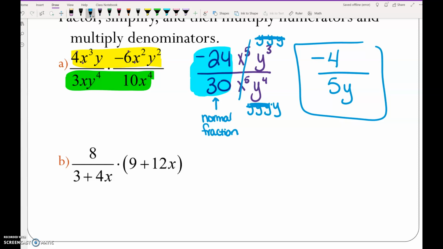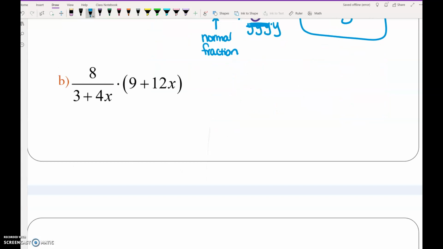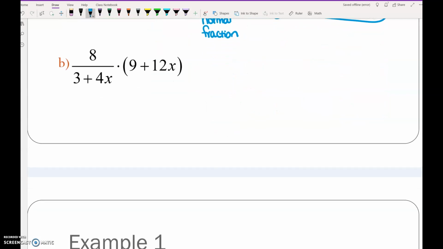Anytime you see an expression in a numerator or a denominator that's not in the correct order, we like to see the x's first and then the number. I want you to rearrange it. You can rearrange this numerator as long as you keep the 4x positive, because that plus goes with your 4x. So I'm going to rewrite this. 8 over 4x plus 3.